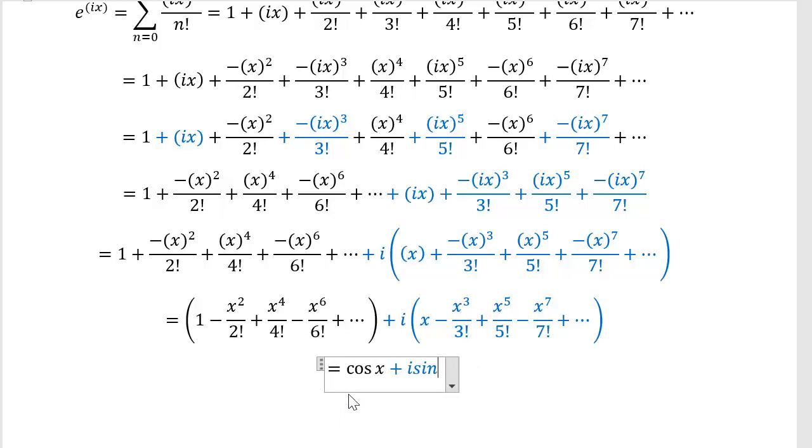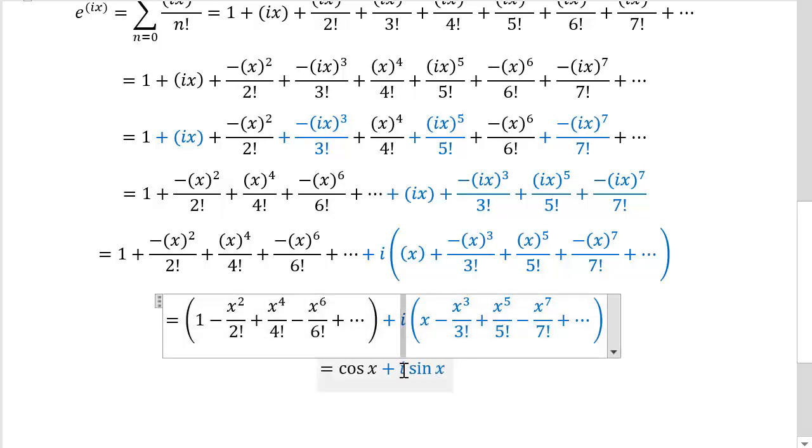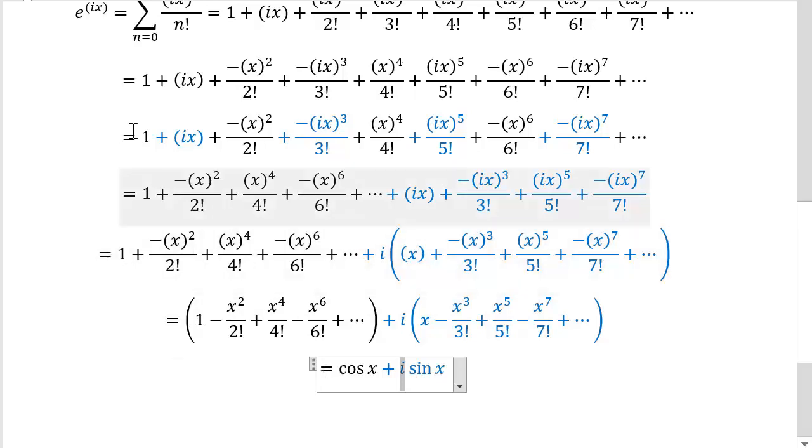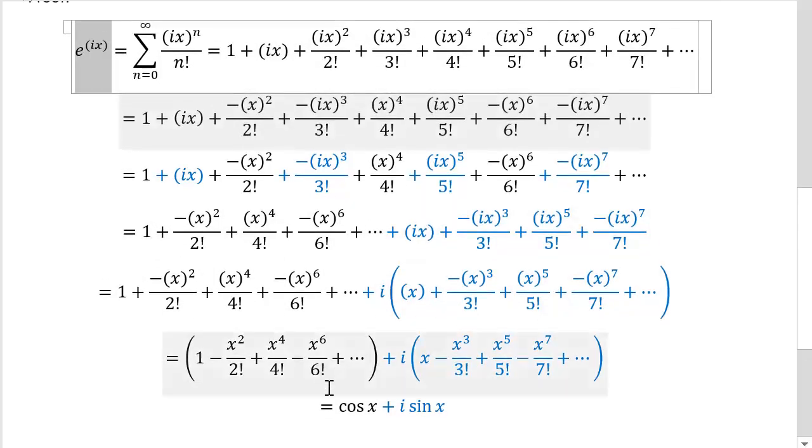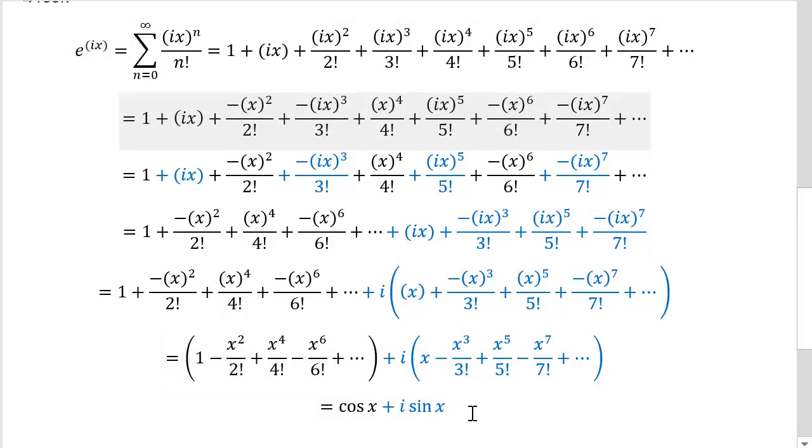Notice that there's an i in front of this the whole time, and so that i has to stay there. And now our original e to the ix is equal to cosine x plus i sine x. And that is the end of our proof.